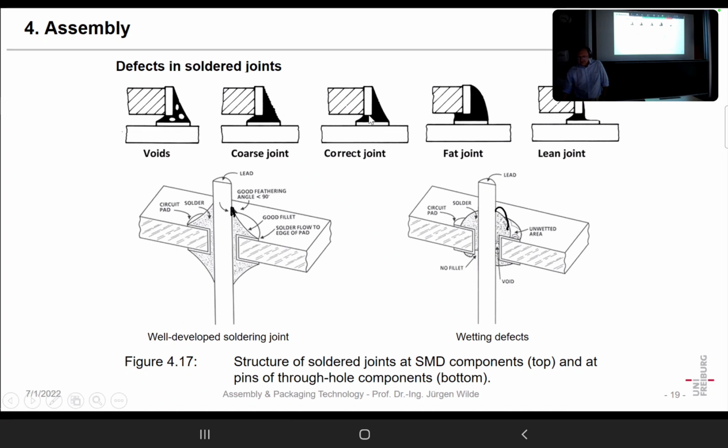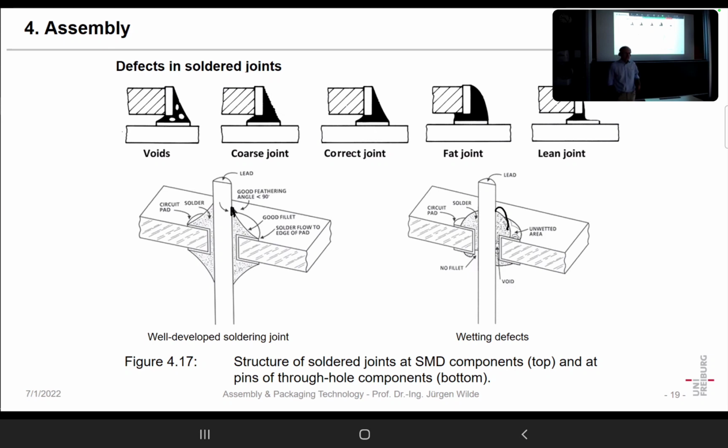Here, the clearance between pad and location on the chip here is sufficient. That's fine. That's a so-called fat solder joint. Here we have too much solder material.